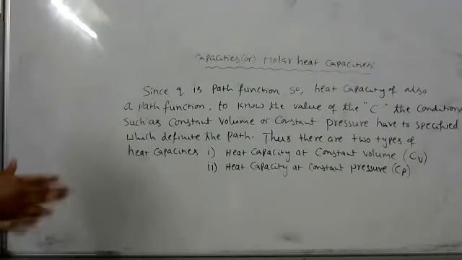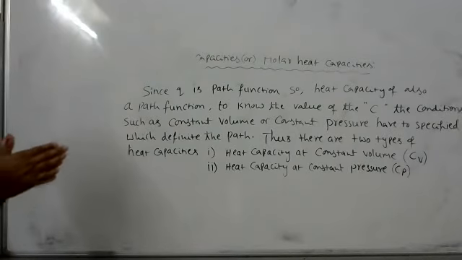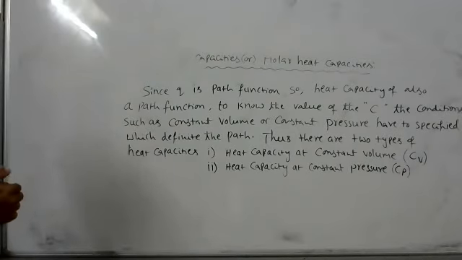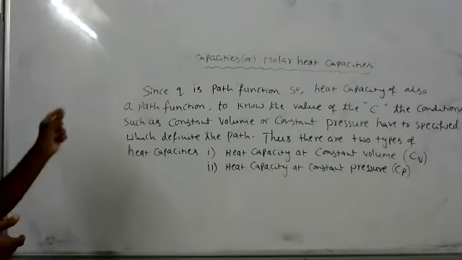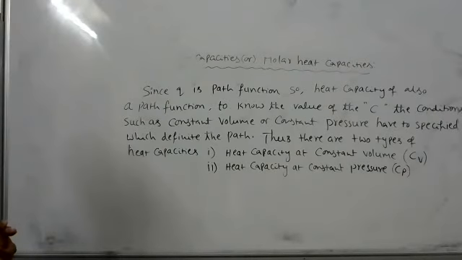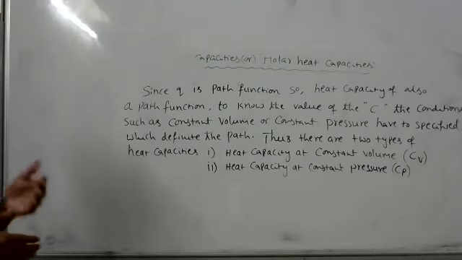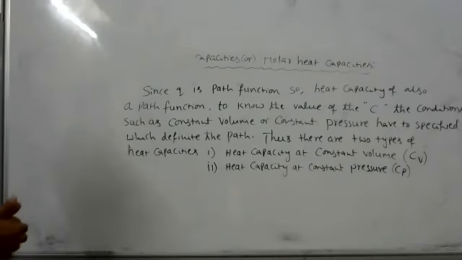Yes, sir. So that path is determined by keeping any one of the factors constant, either volume or pressure. Means heat capacity is a path function. To determine that path, we need to keep either pressure constant or volume constant. Okay, sir, I got it.